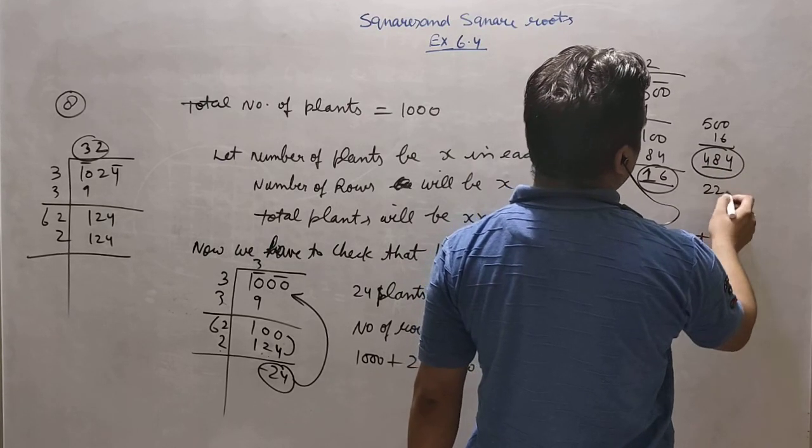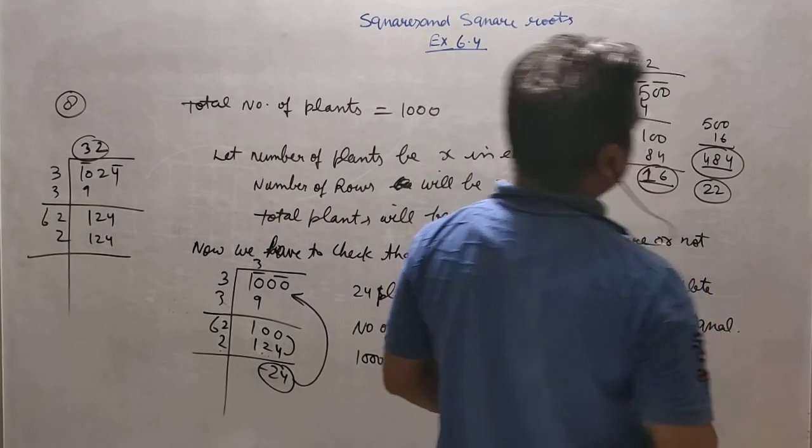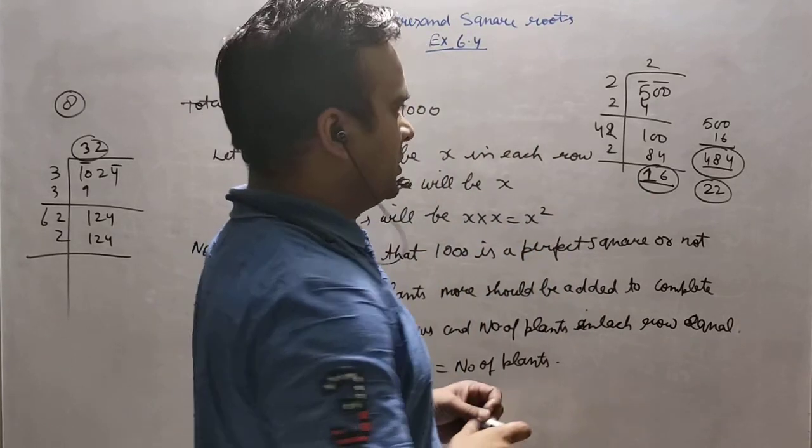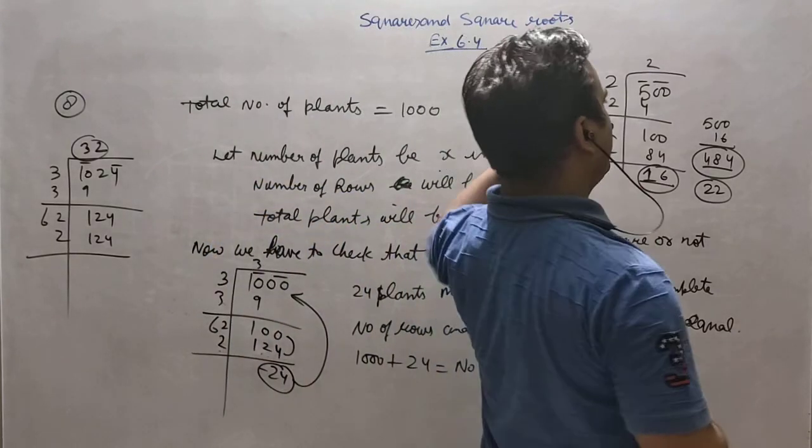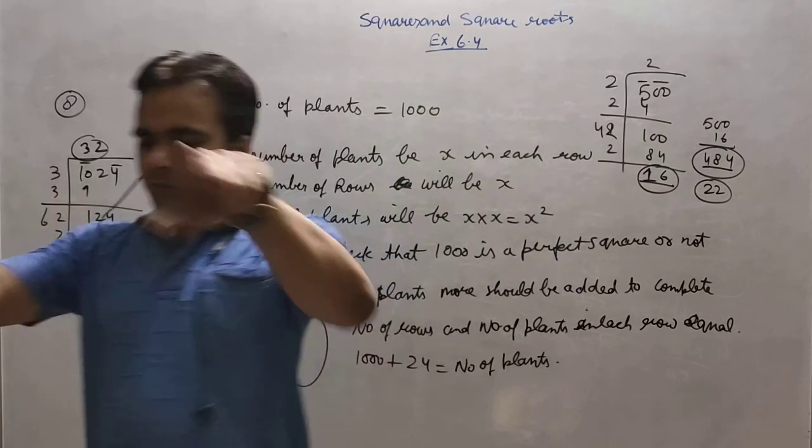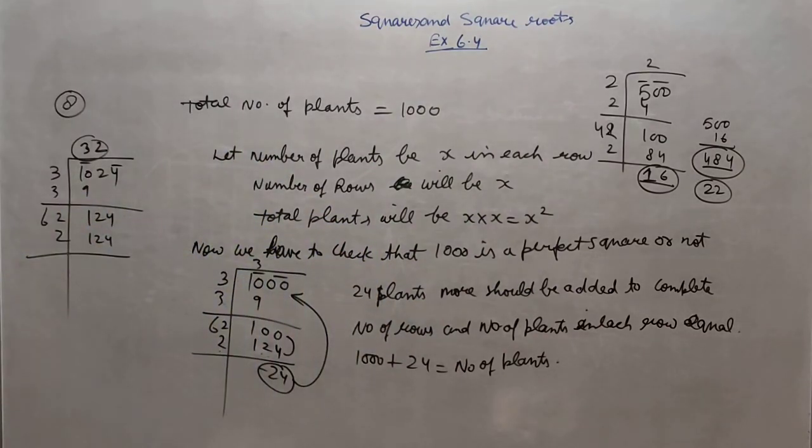And 484 you know very well, it is the square of 22. So it means 16 students we have to leave out so that we can make a square. Means number of rows and number of students in each row can be equal. So it means this question was related to subtraction, and the gardener question was related to addition of plants.